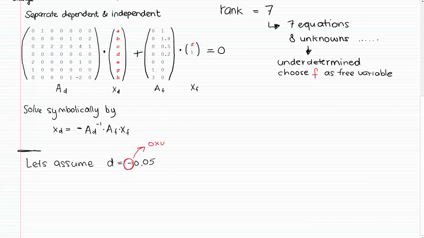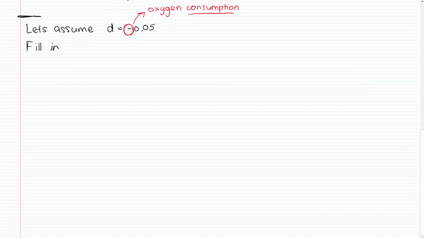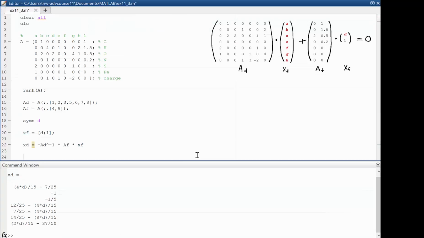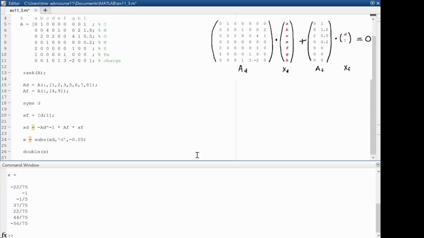Notice that I use a minus. It is oxygen consumption. Then we can fill in D in the symbolic solution to find the other coefficients. We can do this by substituting the symbolic D by the value minus 0.05. The outcome is in fractions. We can change that with the command double.